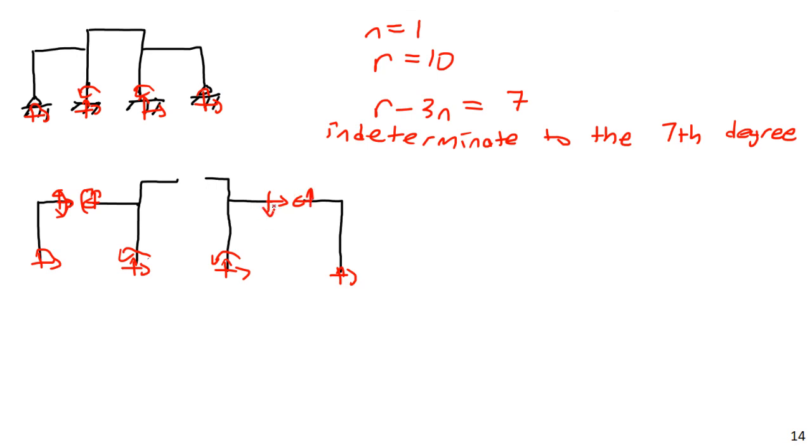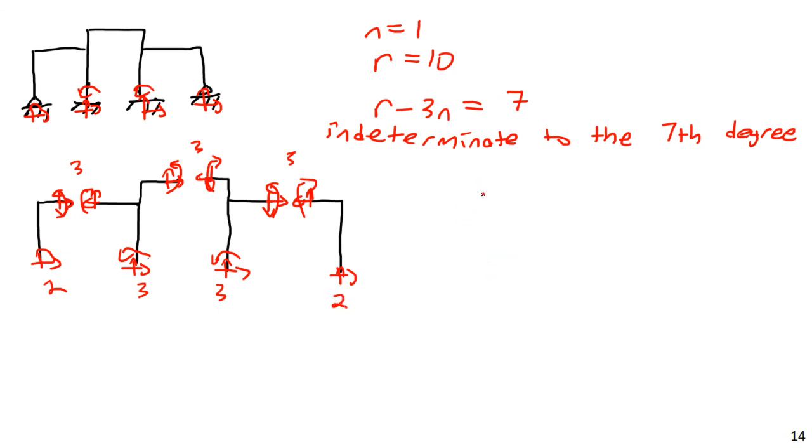Assume whatever direction you like, as long as they're equal and opposite. Here, here, here, and here, here, and here. Now in terms of reactions, I'll have 3 here, 3 here, 3 here, 2, 3, 3, and 2.